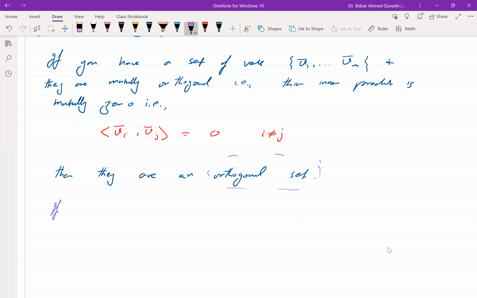But if the scalar product with themselves, or in other words, the length square of them, is equal to 1, then they are called normalized.